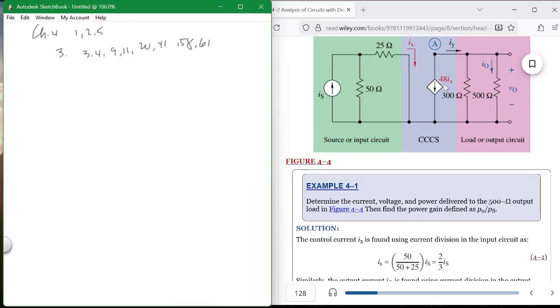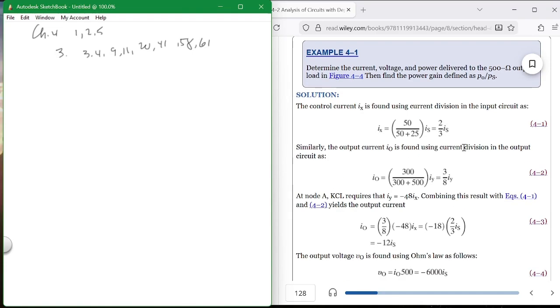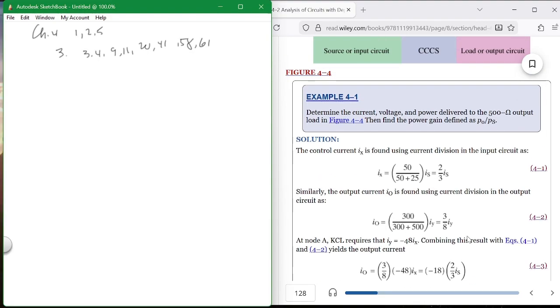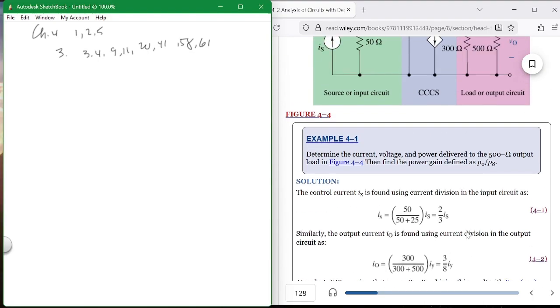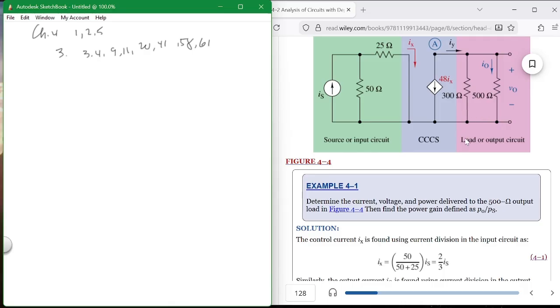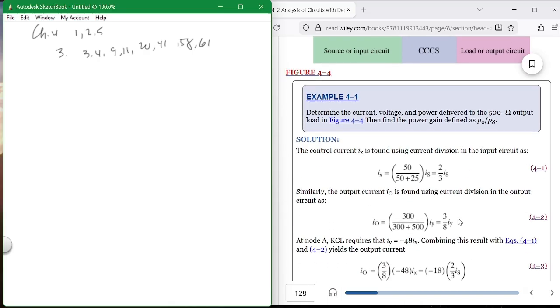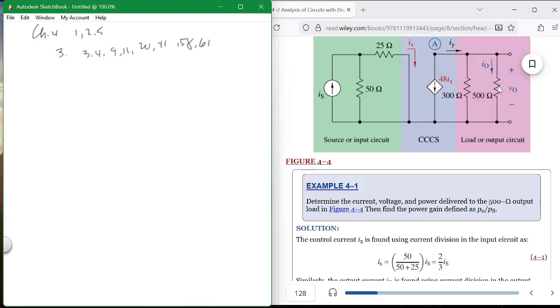Now you multiply that by what? 48. Now you're going to try to find out what the output is across here. Now how do you do that? I out is 300. It's this. It's I out is this over here, right?